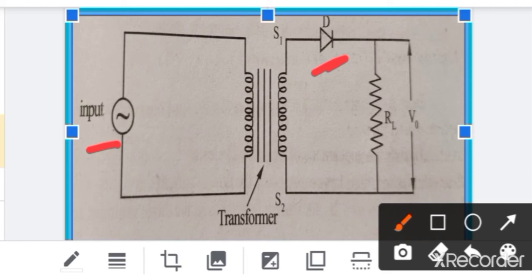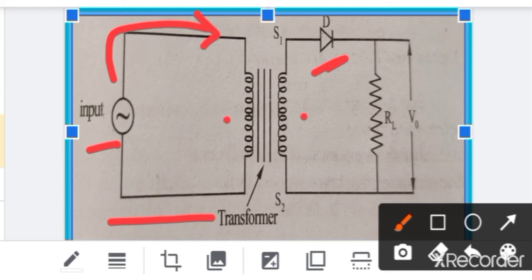On the left hand side of this diagram, we have a particular block: the AC input is connected to the transformer. A transformer consists of a core in between two coils. This is the primary coil and this is the secondary coil.